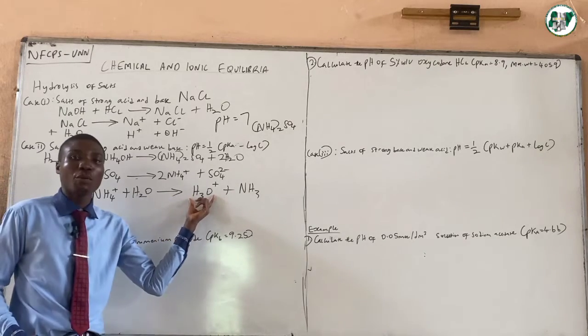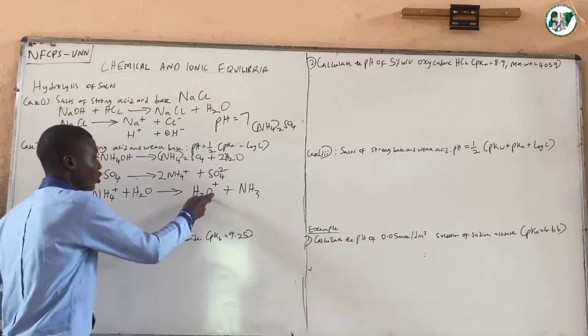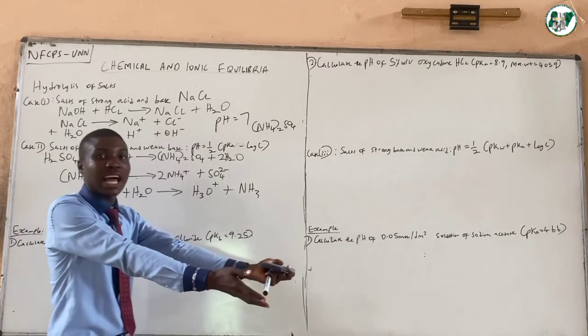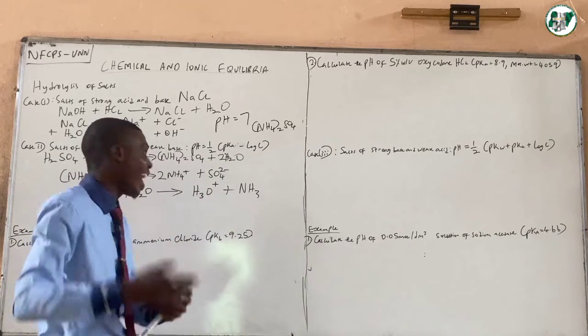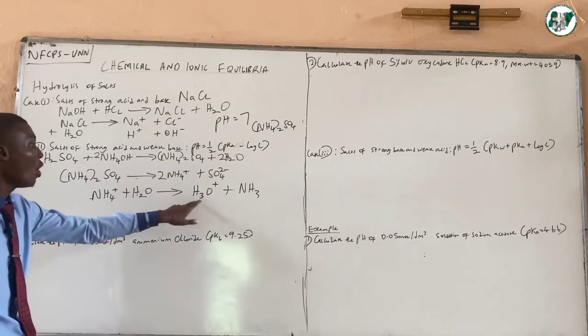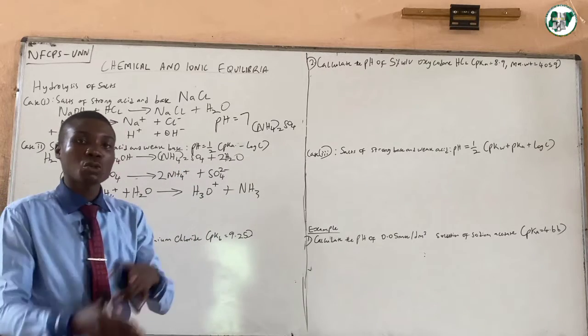When you have H3O+ increasing and the OH- is not increasing proportionally, automatically the pH is going to go down, because you have more hydrogen ion than hydroxide ion. So this is a dissociation that leads to a decrease in pH, because more hydrogen ion will be in the solution as opposed to the hydroxide ion that is supposed to balance it out.